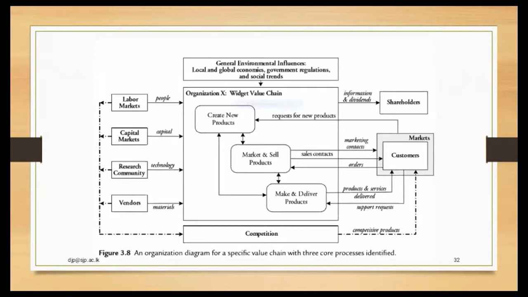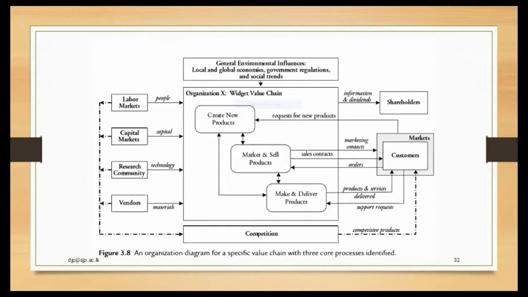this widget value chain, right? Here you have create new product, right? When a customer requests a new product, they create a new product, right? Then market and sell product is another value chain, right?